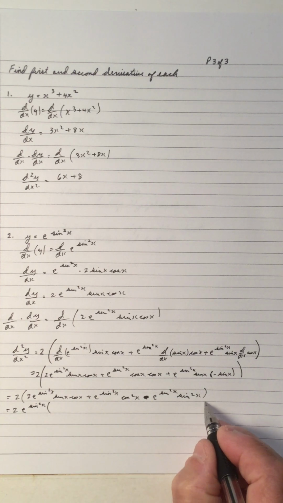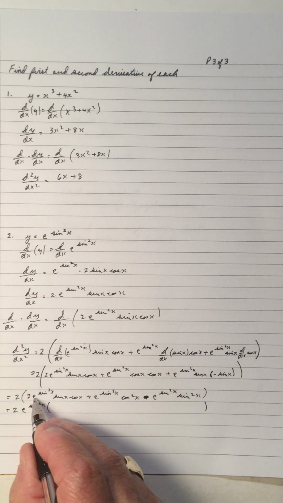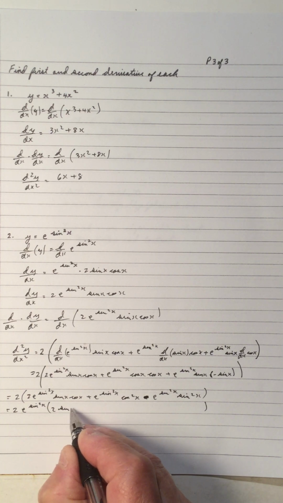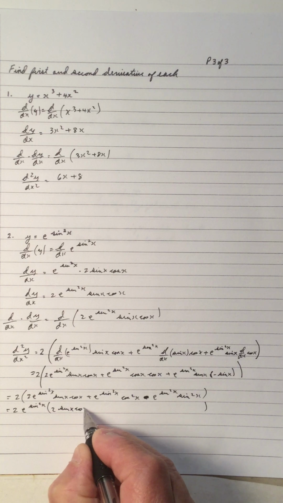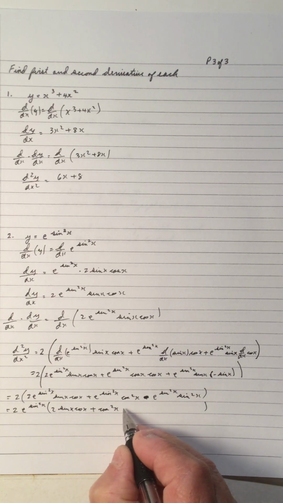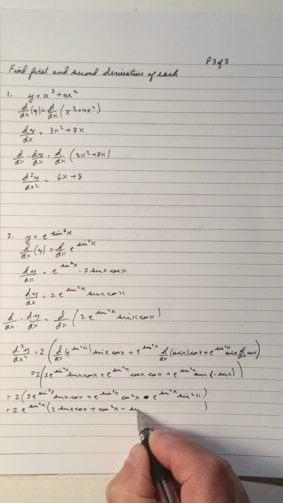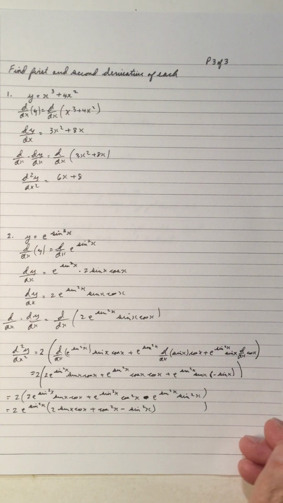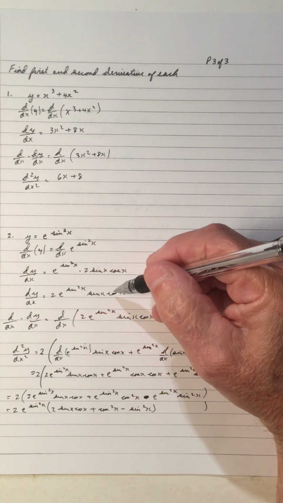So there it is. Taking this e to the sine squared x out, we get 2 sine x cos x plus cos squared x minus sine squared x. Again, that's just a double derivative, but I have three functions here.